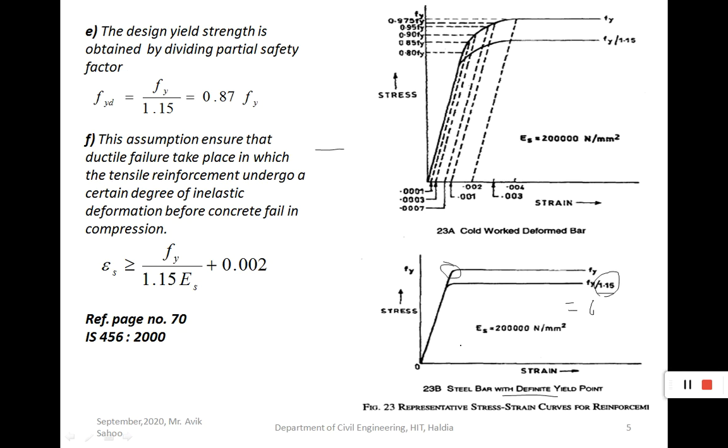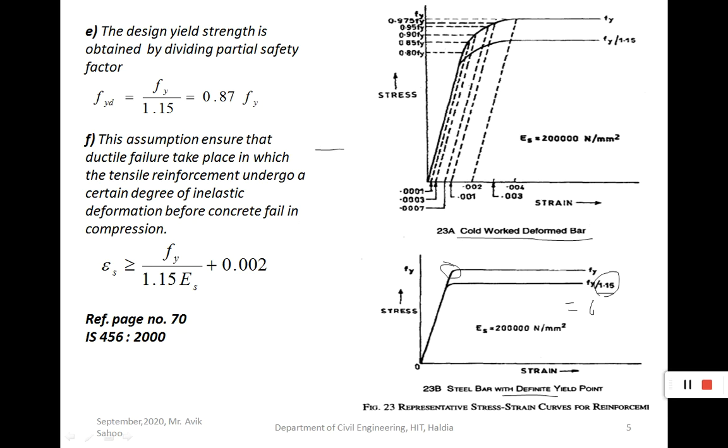Okay. Now this figure is the stress strain picture for cold worked deformed bars. Cold worked deformed bars means Fe 415 and Fe 500. Here the difference is, in mild steel there is a definite yield point, but here there is no definite yield point.